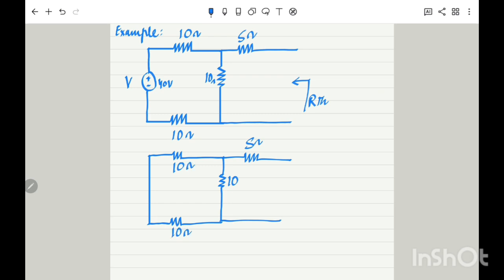Okay, so these two resistance are in series, and this will equal to 10 plus 10, that is 20, and this is 10 ohm here, and here is 5 ohm, and we have to find here RTH here.